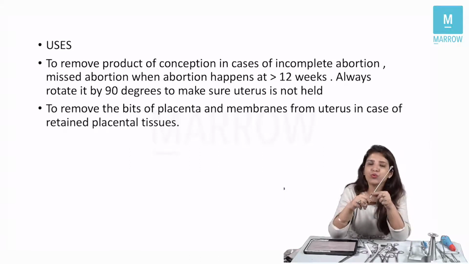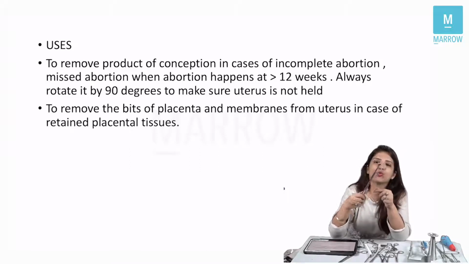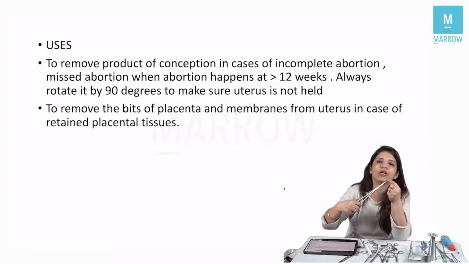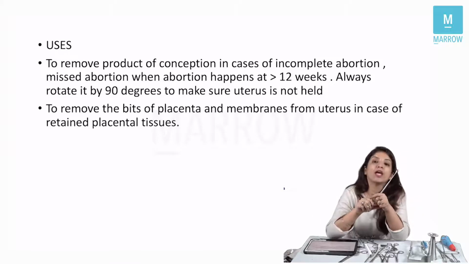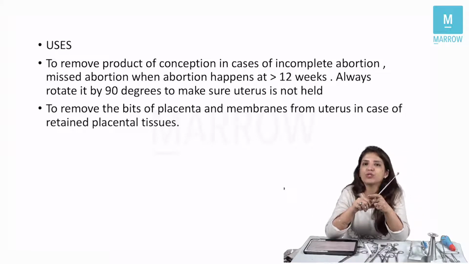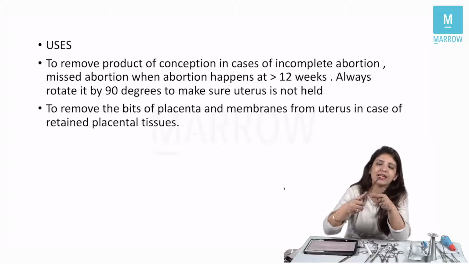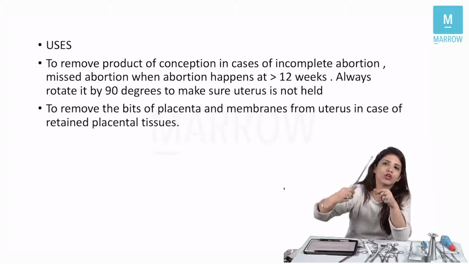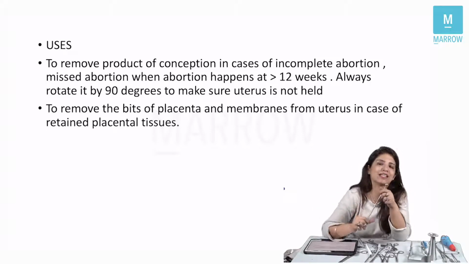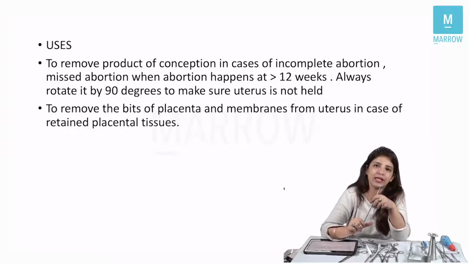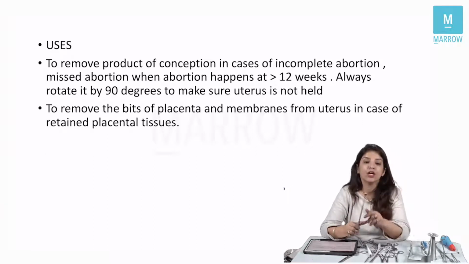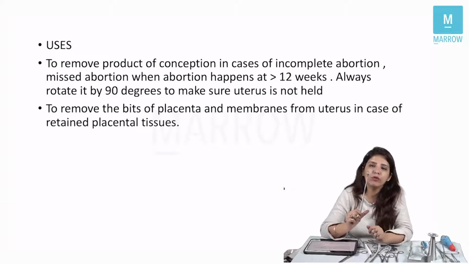Whenever you are using ovum forceps, you should always rotate it before you bring it out, to be sure that you are not holding the uterus in between. That is why you should always rotate it. Now, suppose there is a female who has secondary PPH and you are suspecting parts of placenta or parts of membranes. Then again, with the help of ovum forceps, you can remove the parts of retained placenta or any membranes, right? So this is an ovum forceps.